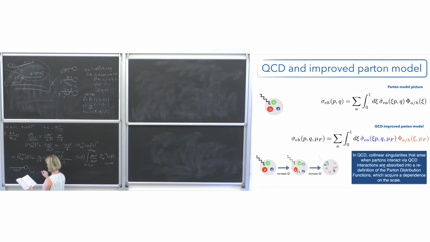You see that this gives you minus sigma hat of EQ of P hat, alpha S over 2 pi CF, and here you have the integral from 0 to 1 minus epsilon of dz over 1 minus z, 1 plus z squared, and here you have the same thing, dkT squared over kT squared.